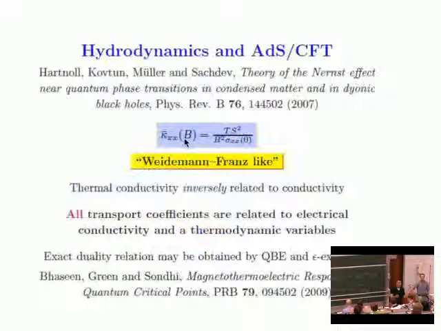So in that sense, the AdS-CFT results were useful to go back and understand field theory inspired Boltzmann calculations. So I think compare is not quite the right word. I would say inform might be a slightly better word.